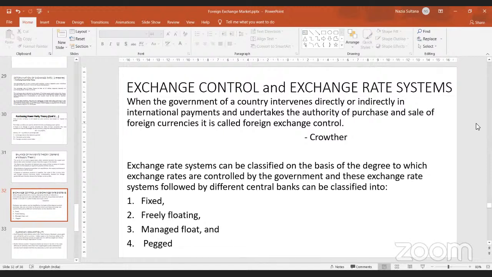The raid took place based upon the doubt which the central bank had, because these people were not making payments directly to the vendors, but were depositing money in a third party's account in the UAE, and that party was making payments to the vendor.